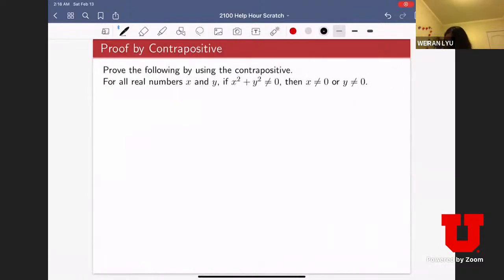So the next one's going to be proved by contrapositive. So the first thing I'm going to do, just write out the contrapositive of this statement first. So remember that if you have an implication where P implies Q, what's going to be the contrapositive?